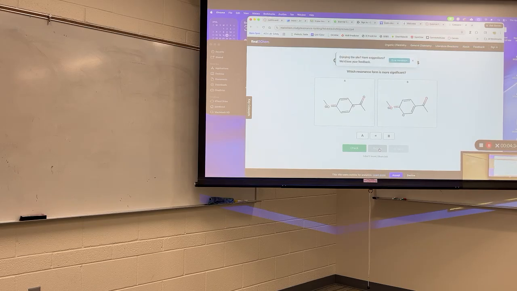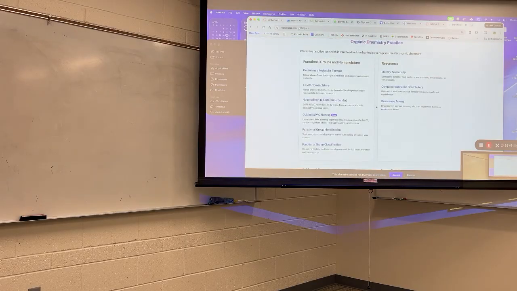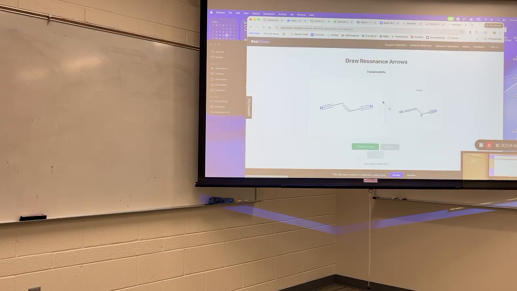And I could not figure out what rule they were basing this on. So anyways, a grain of salt when you're doing the resonance contribution. They have arrows, and actually the arrow pushing is very unique. I kind of like it.